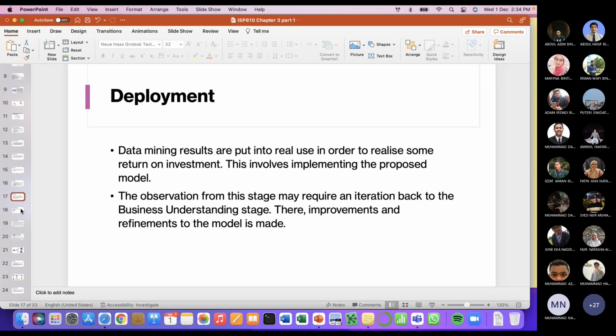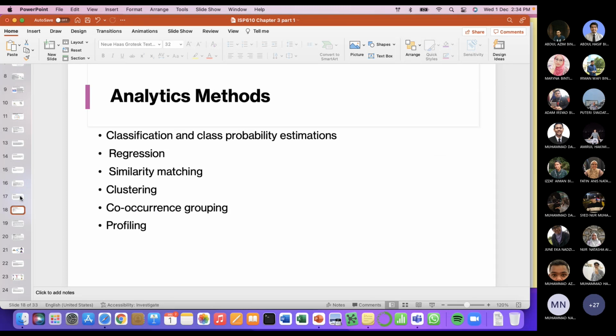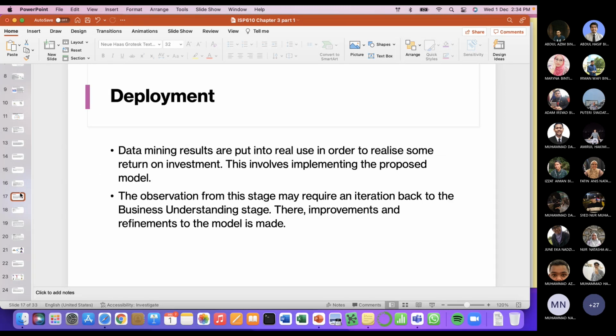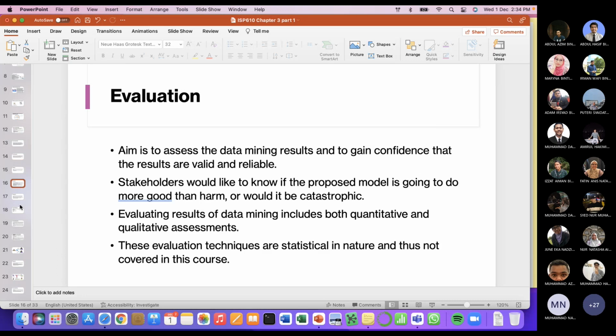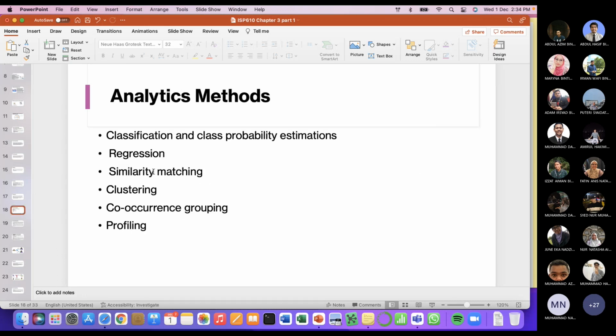Okay, kalau you nak map, but yeah, different people might have different idea lah. Maybe you have better idea compared to apa yang I dah cakap tadi tu. Okay, so please remember this, and then okay, analytic methods.